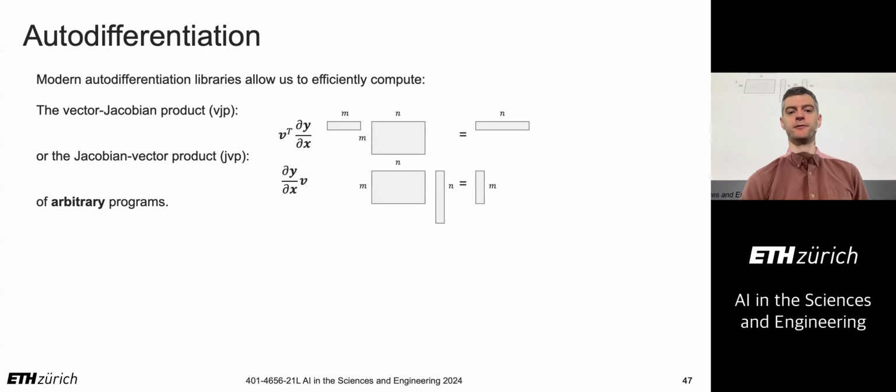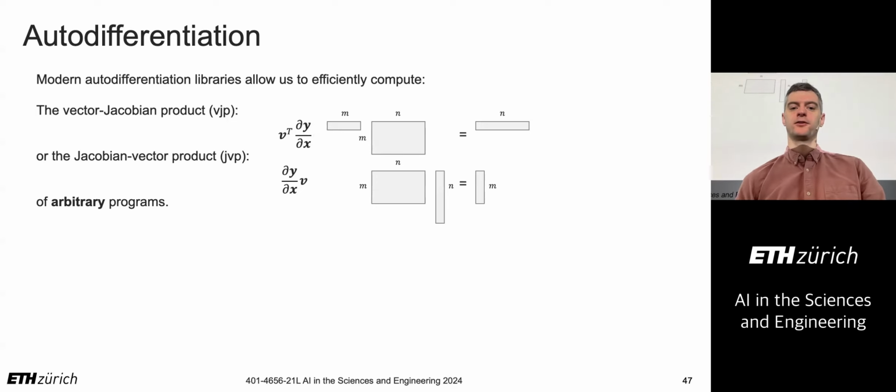If I define y as a function of x in my Autodiff library, that library will give me an efficient algorithm to compute these two quantities, and I don't need to handwrite what these Jacobians are. The algorithm will just do it automatically for me. This is what Autodiff does.